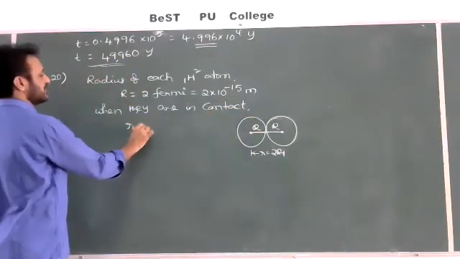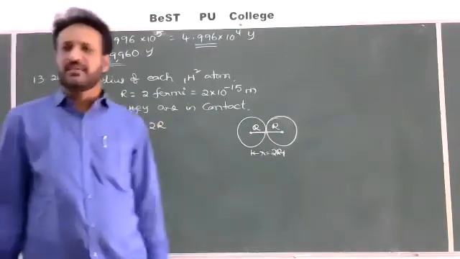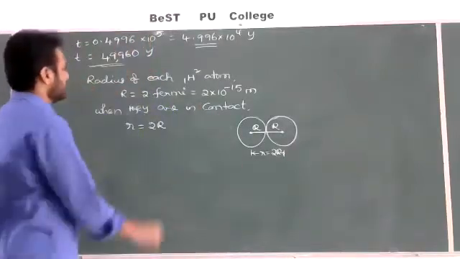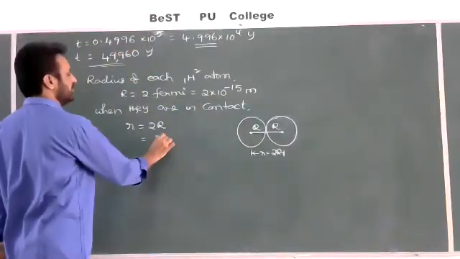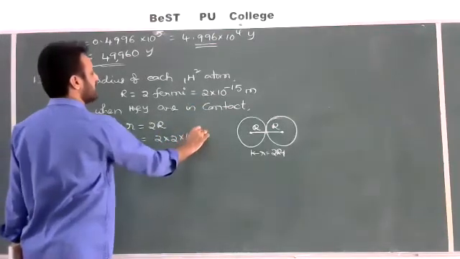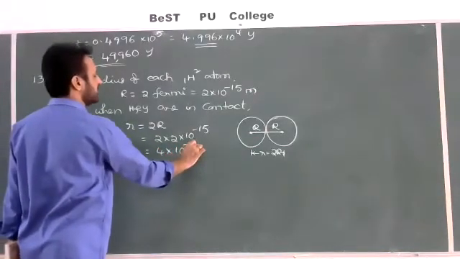The distance of separation small r is equal to R plus R, from the center of the first sphere to the center of the second sphere, total 2R, which is equal to 2 into 2 into 10 to the power of minus 15, that is 4 into 10 power minus 15 meter.